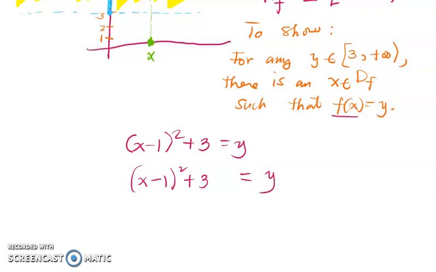We know that this particular value is 0, so this will just become x minus 1 squared is equal to y minus 3.